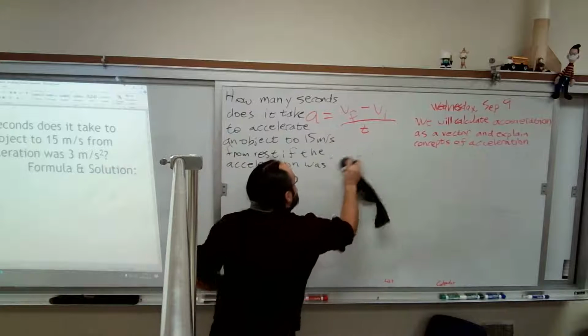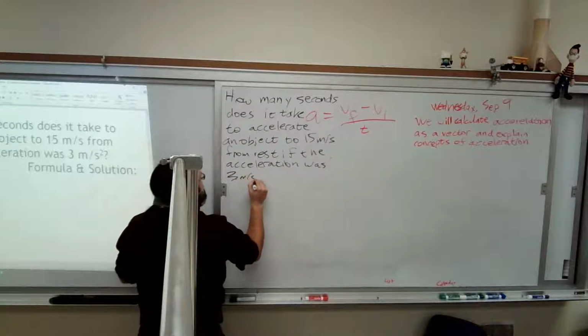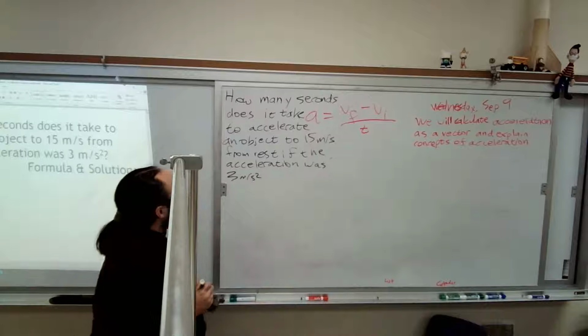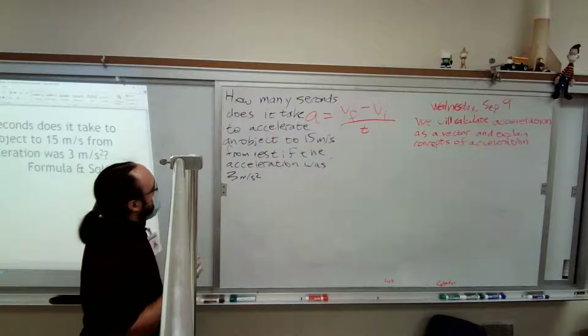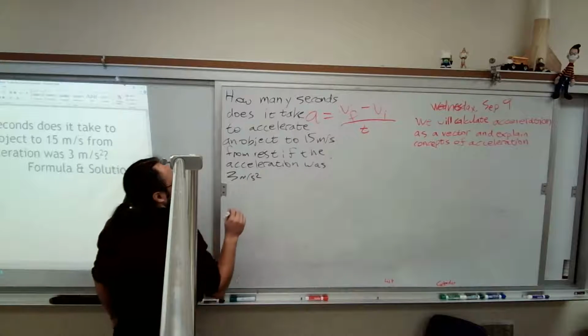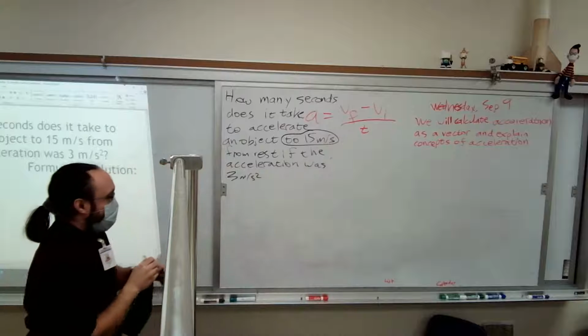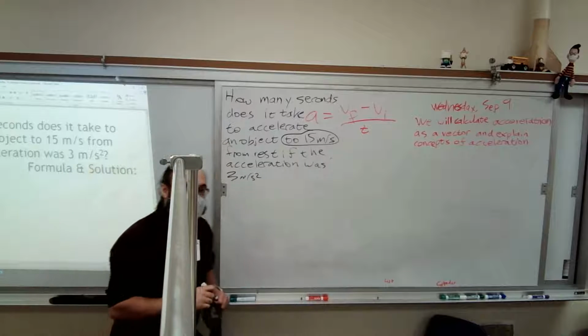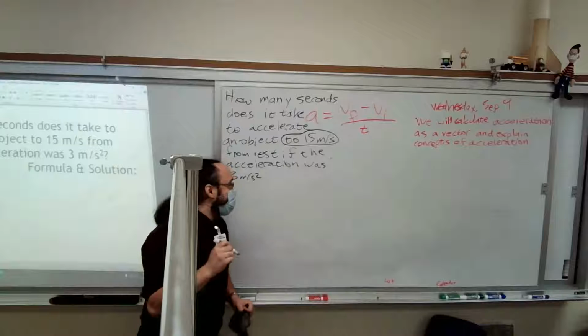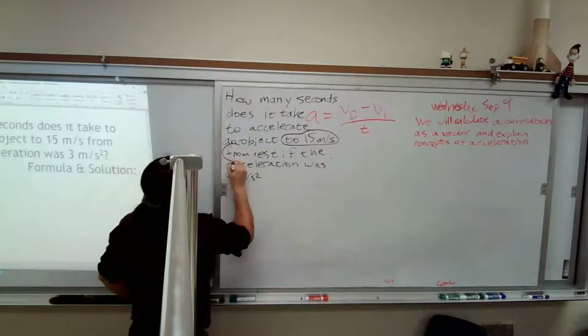I'm putting this over here. So it gave us two velocities. It gave us one, 15 meters per second. And the other velocity it gave us, it says it started from rest. So that's right here.